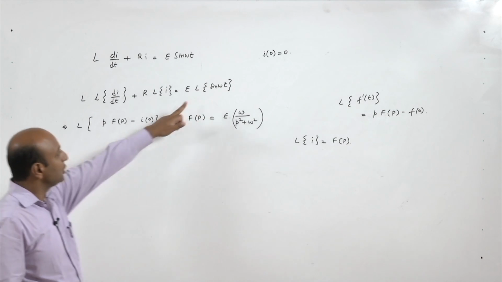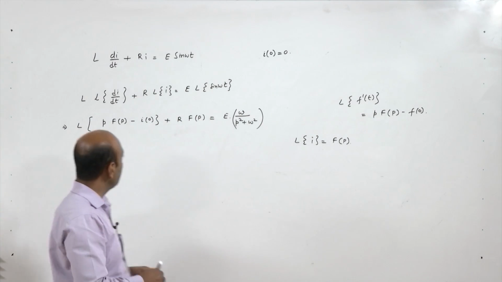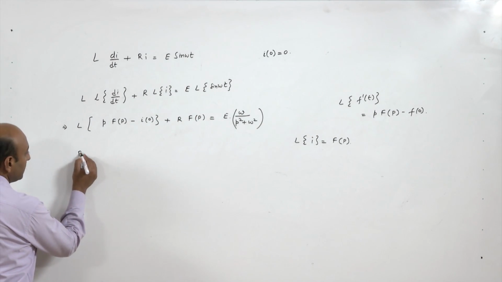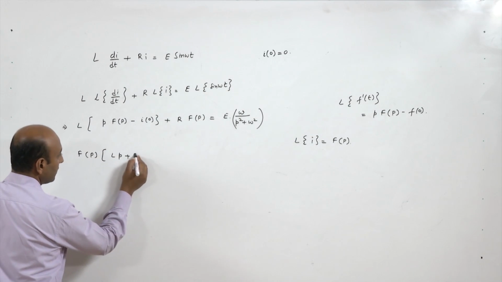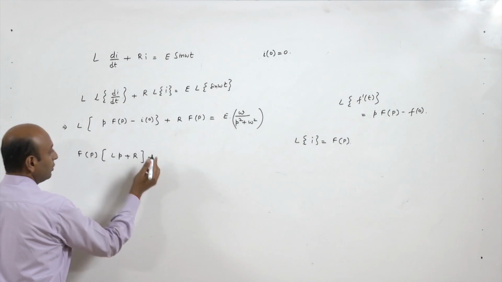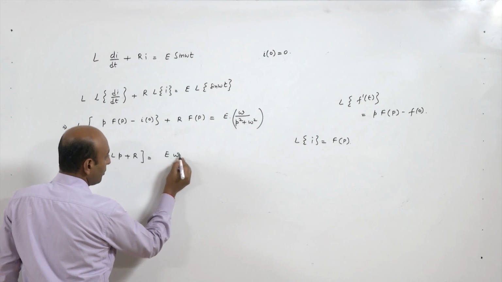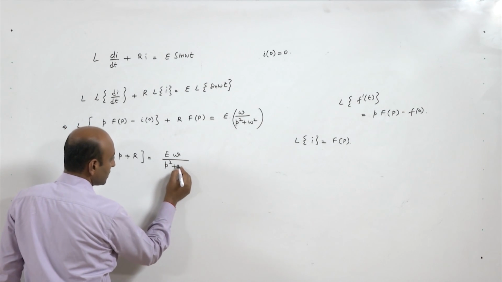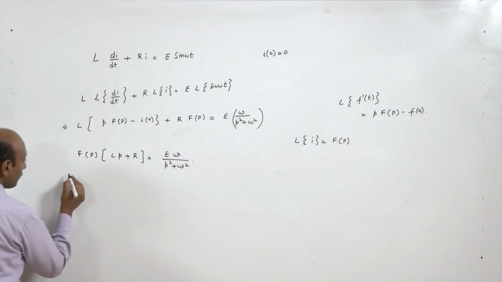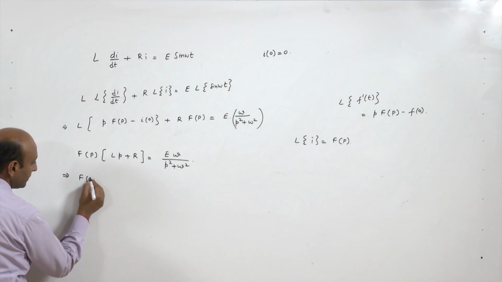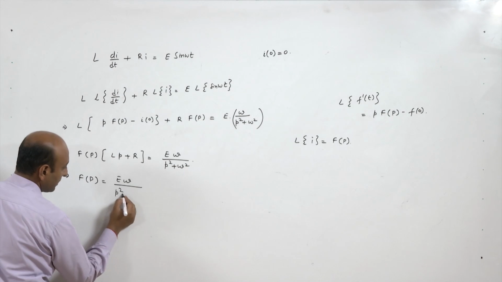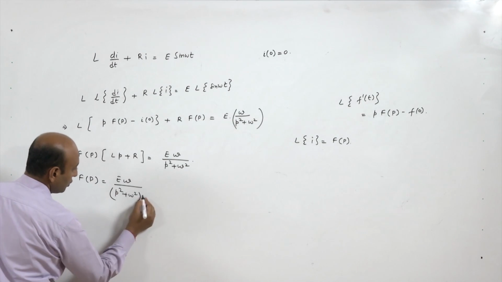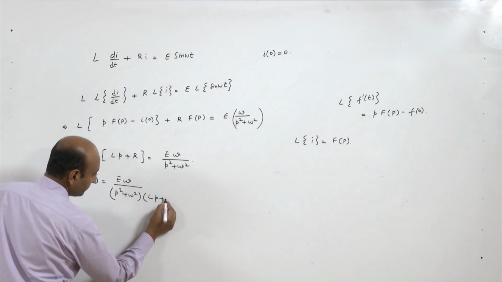Now, I(0) is 0, as given to us. So, you can collect F(p): F(p) times (Lp plus R) equals E omega upon p square plus omega square. So, F(p) is E omega upon (p square plus omega square) into (Lp plus R).